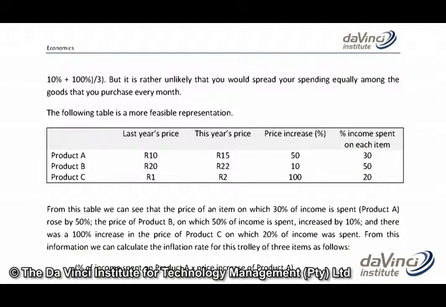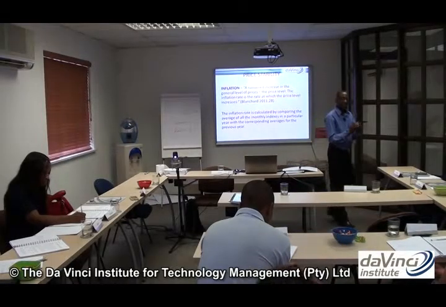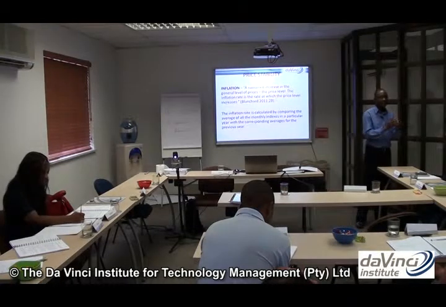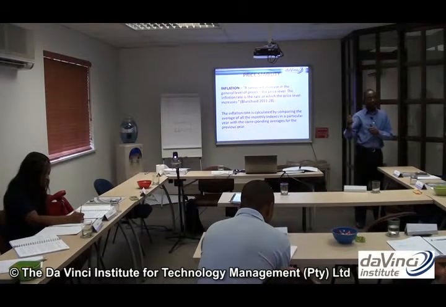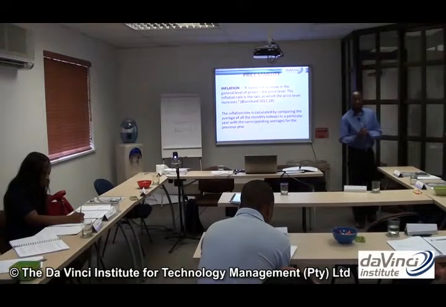The consumer then spends 30% of their income on that particular product. So it is the ratio of the income spent, 30%, times the increase in price of 50%, which will contribute to the inflation rate.